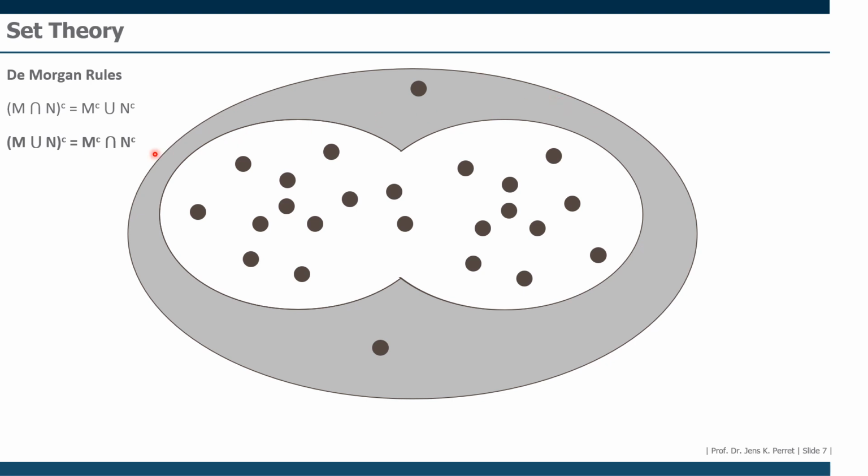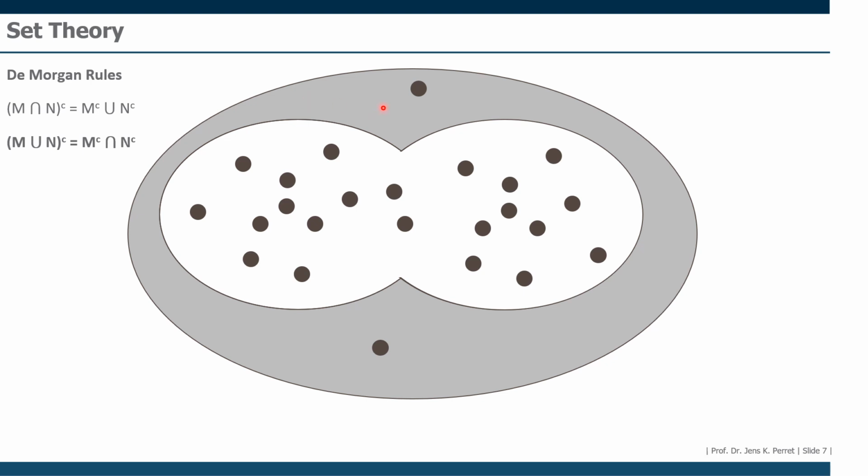Well, how would this work the other way around? If I take the complement of M, that would be this area. And the complement of N, that would be that area. And if I intersect them, I would get exactly the same thing as I have here.